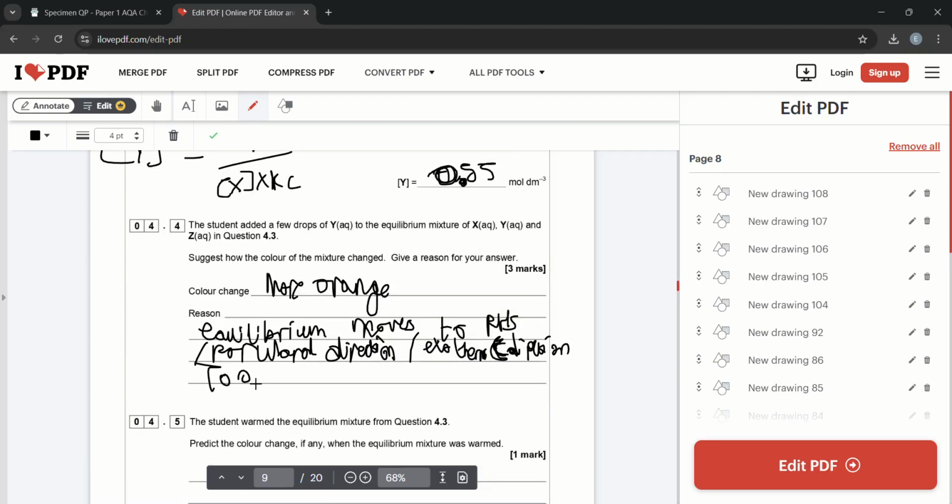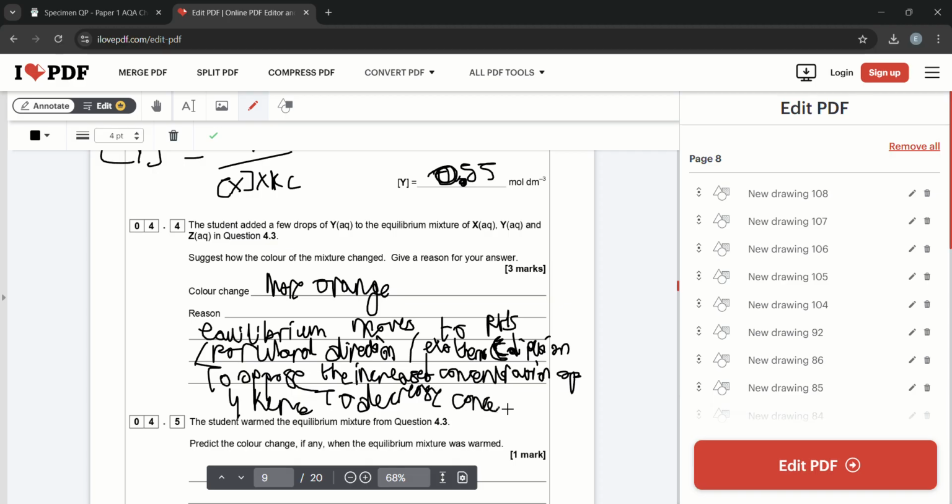Well, it does this to oppose the increased concentration of y, hence to decrease the concentration of y. Actually, we don't really need to include this part.